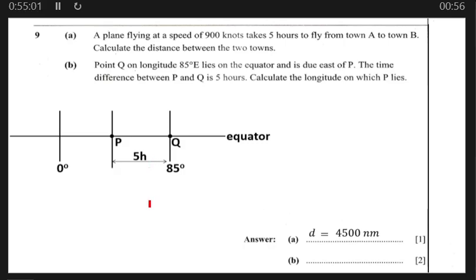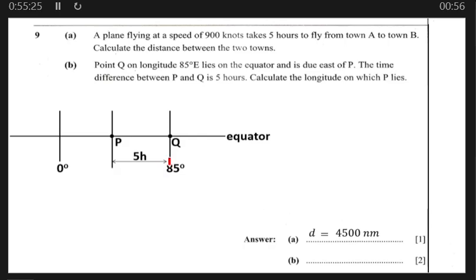So how are we going to solve this? For us to solve this question, we must know that when you move from this point, you spend 5 hours. How much is that 5 hours in degrees?